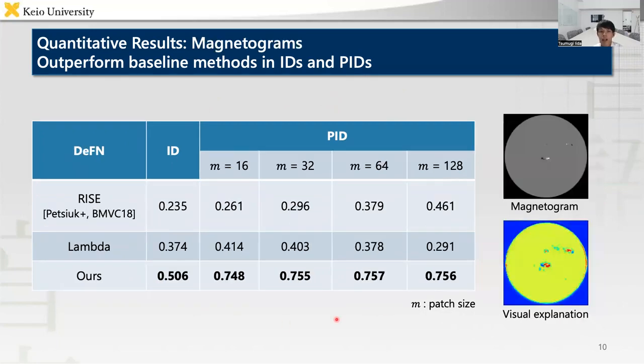And this table shows the result for different magnetograms. Similarly, the LABN outperforms the baseline methods in terms of ID and PID. This result indicates that LABN successfully generates explanations for images with sparse important regions.